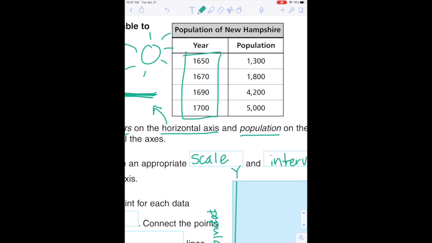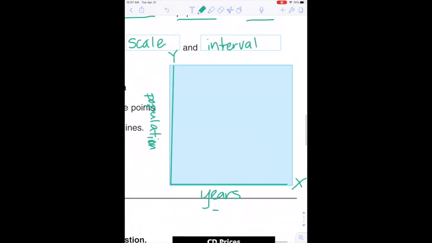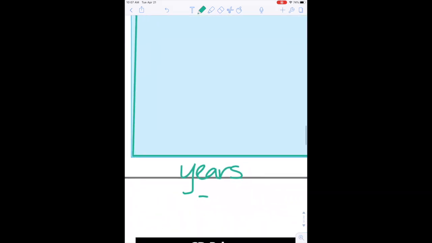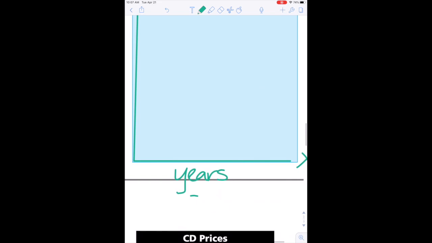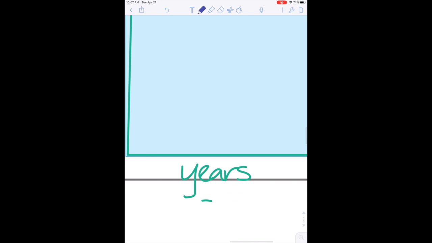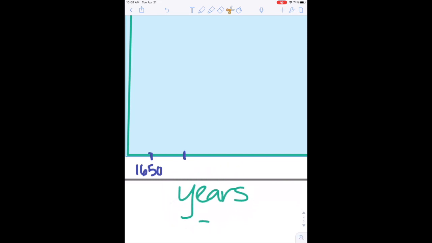So I think the best way for us to do that is to count by tens. So we will go down here and we will start at, let's pick another color, 1650. Try to space them evenly. I'm going to move my years word down a little.